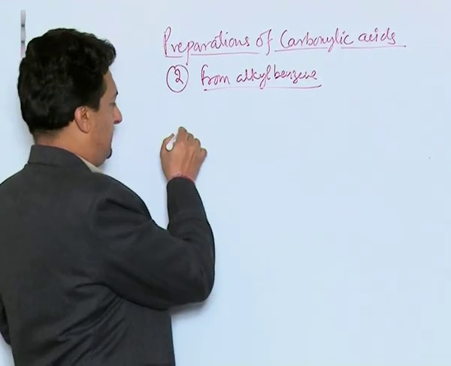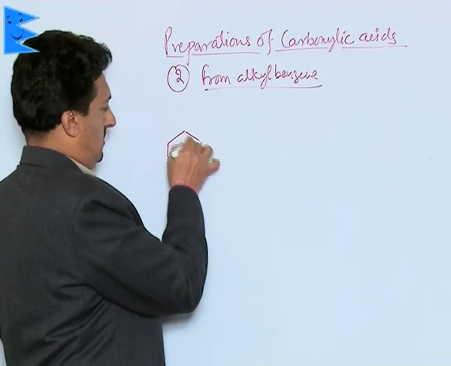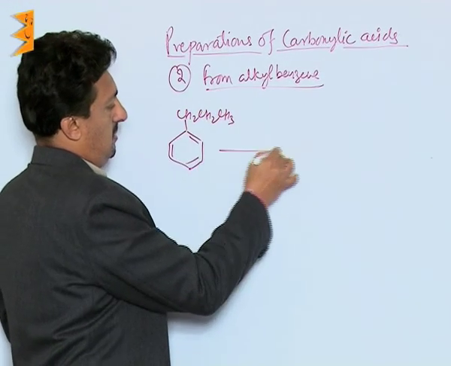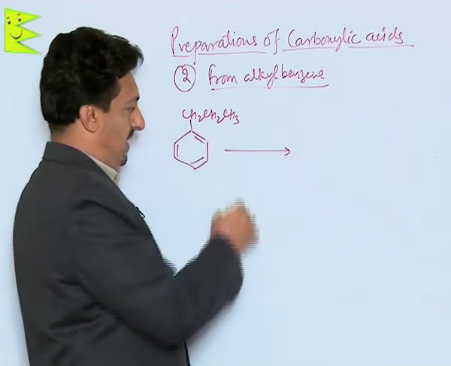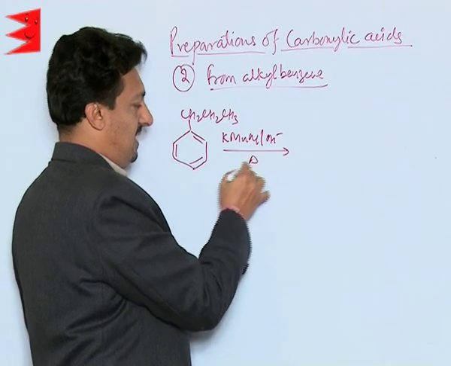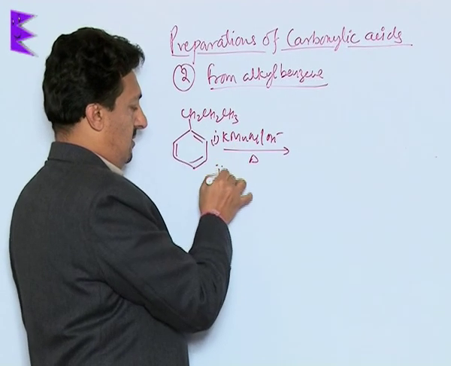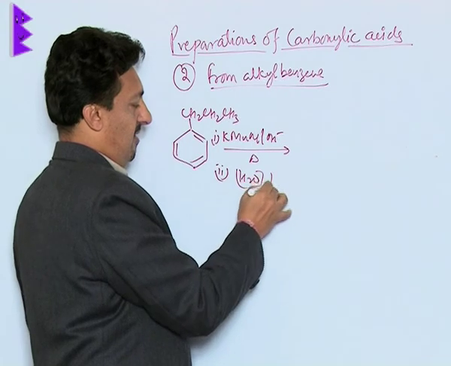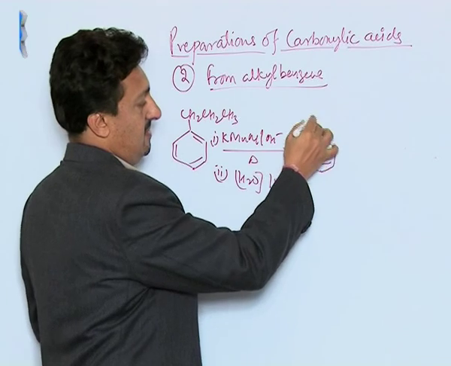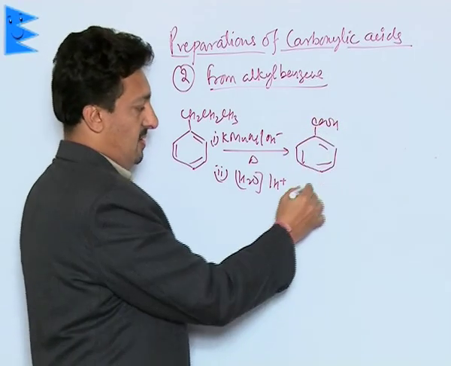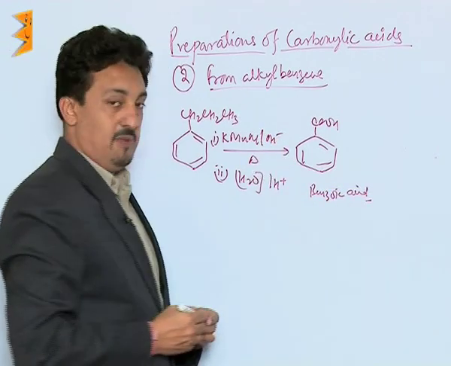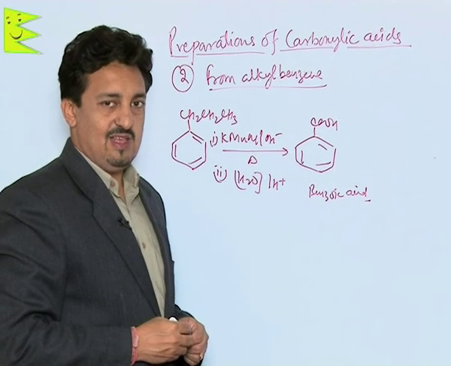Suppose we have 1-phenylpropane, this with KMnO4, basic medium and heat, followed by acidic hydrolysis, is going to give us directly benzoic acid. So this is how we can prepare aromatic carboxylic acids.